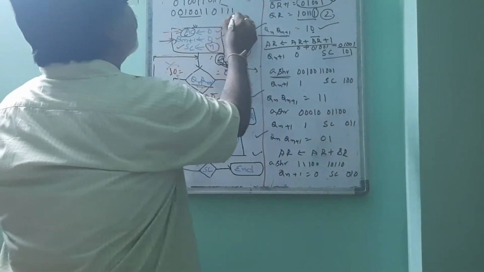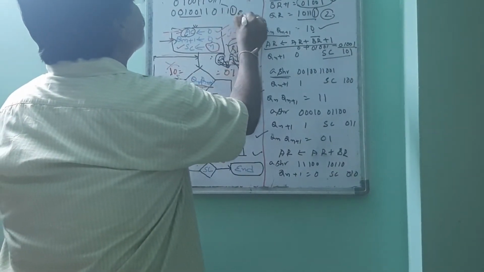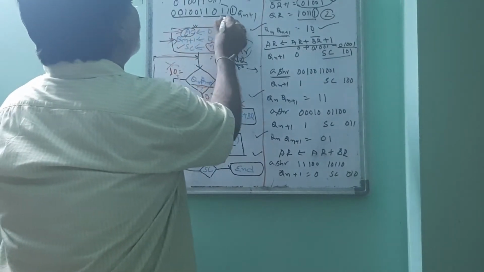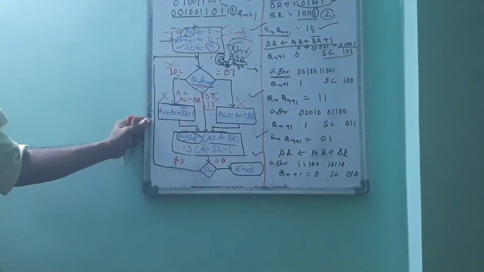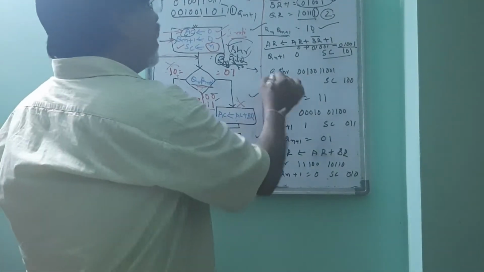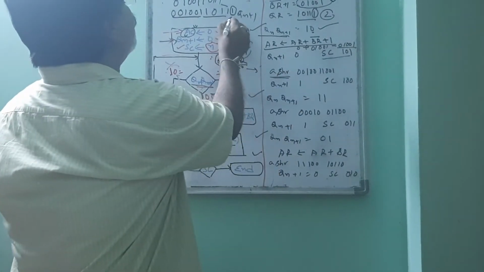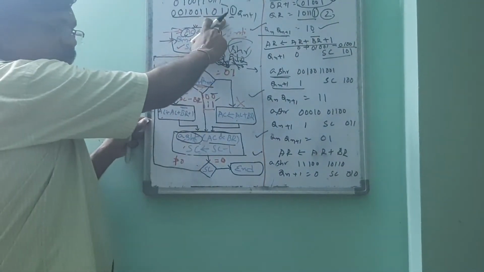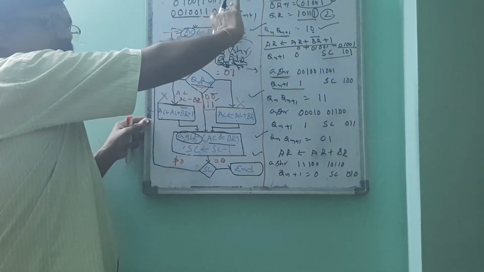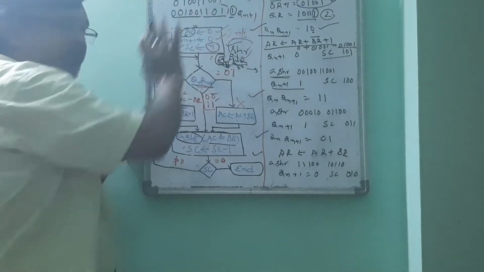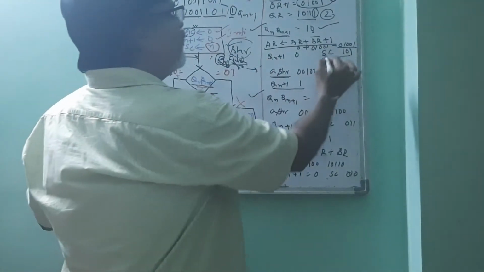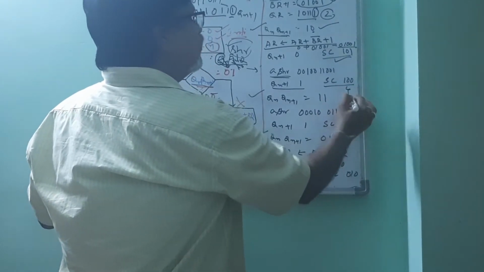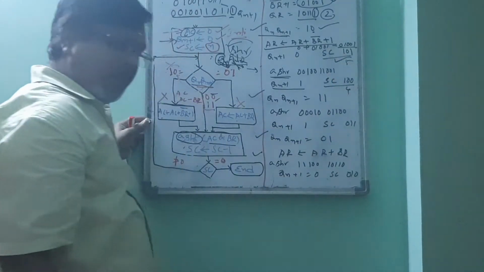So now this becomes Qn plus 1, and this is the AR and BR value. After shifting, what will the Qn plus 1 become? It is 1. Whatever is shifted out, the least significant bit of BR, that will be Qn plus 1. After decrementing the SC value, it becomes 100, which is 4. Here it was 5.